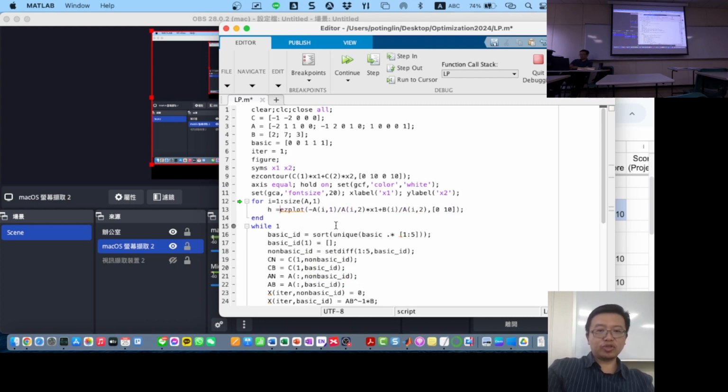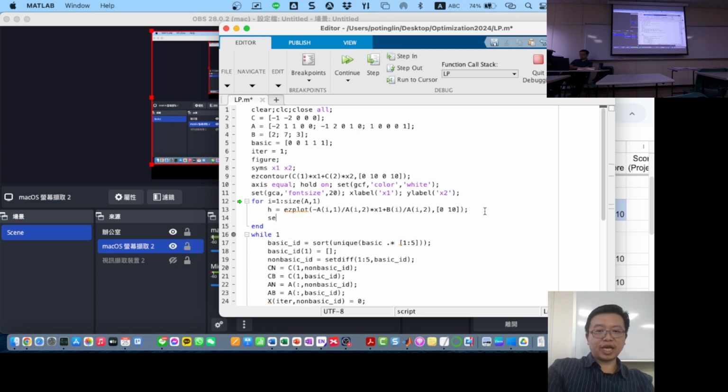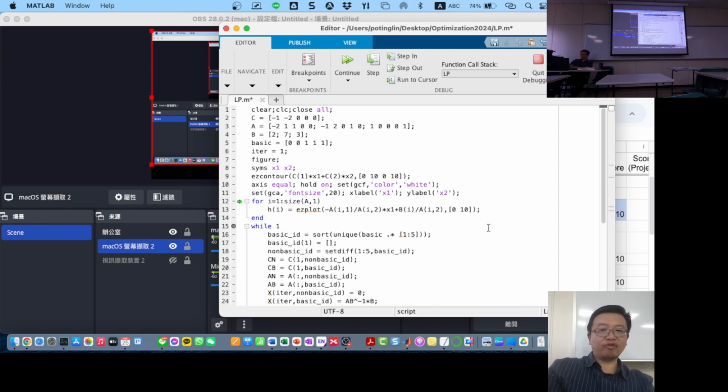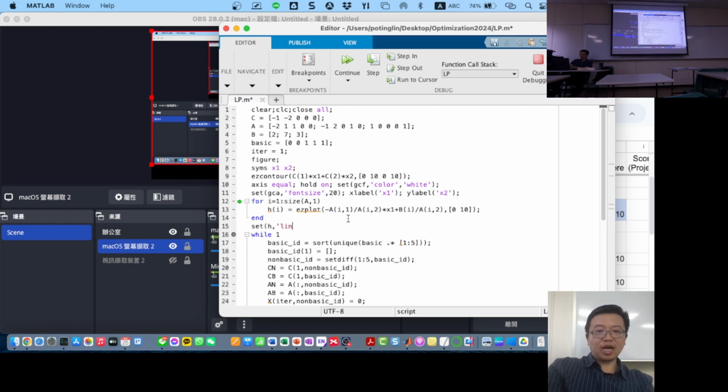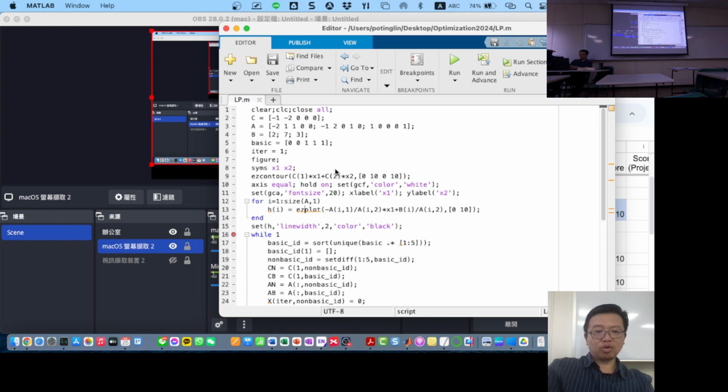Say H, a handle for the plot, and then set H line width to color black. Easy plot. Run the code.